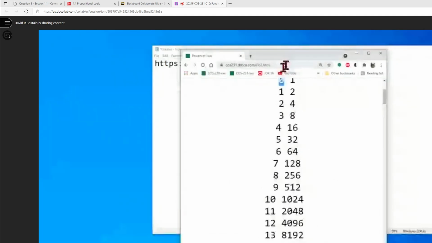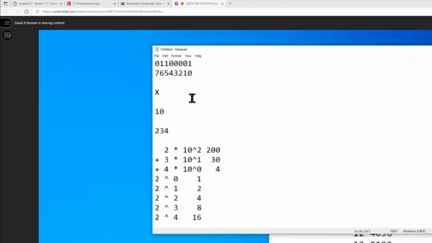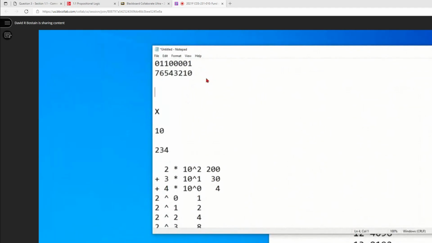Well, what that says is, back here was this original number we had. We're going to be summing up 2 raised to the 0th, and 2 to the 5th and 2 to the 6th.